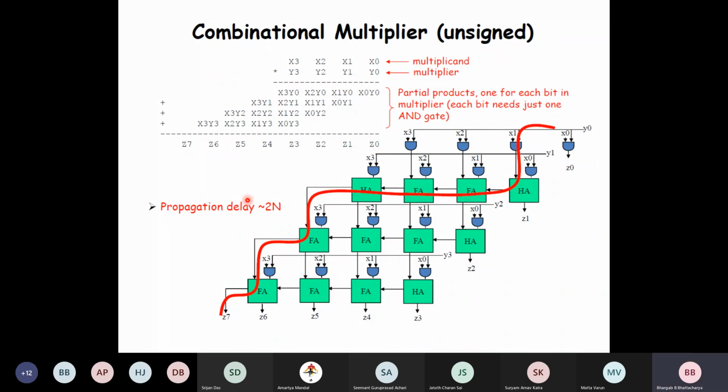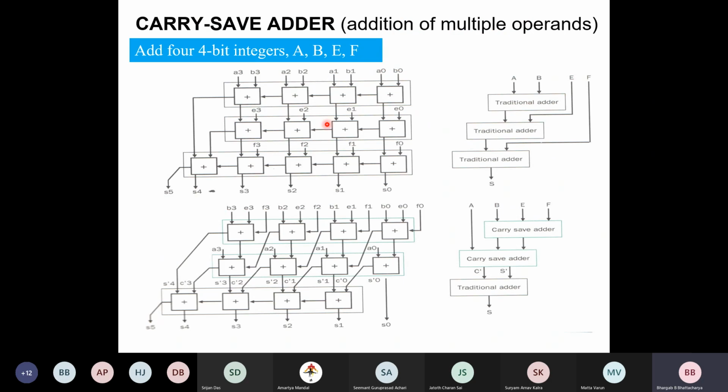We have a little bit of an option for changing this architecture to a carry save addition process, where you can break this horizontal flow of signals, and instead transform them into diagonal signals, thereby reducing the delay a little bit.